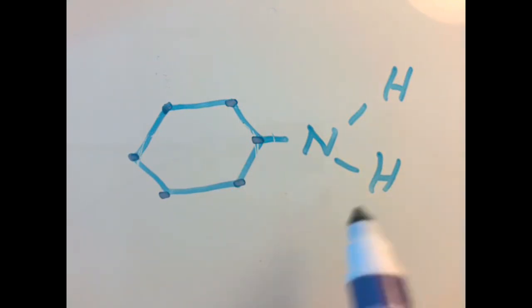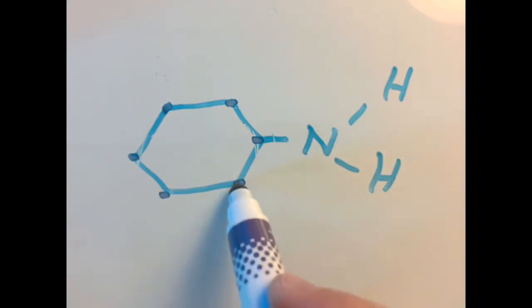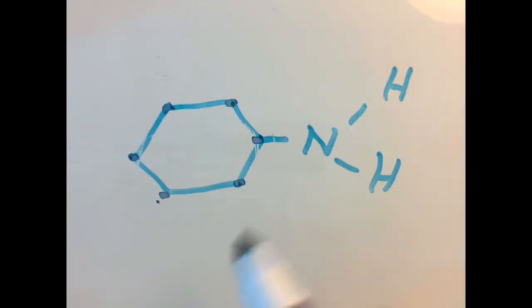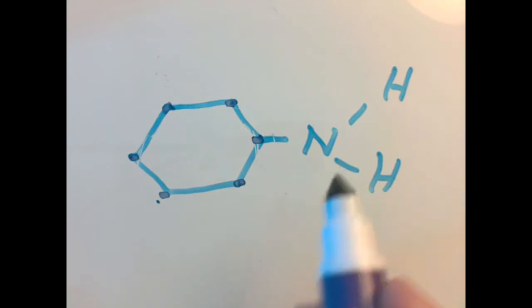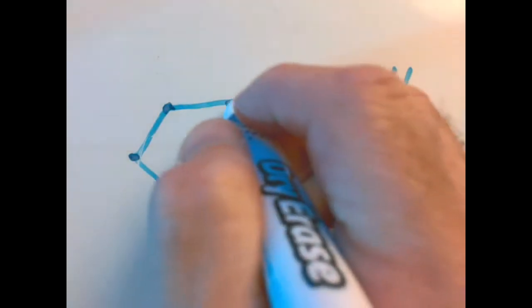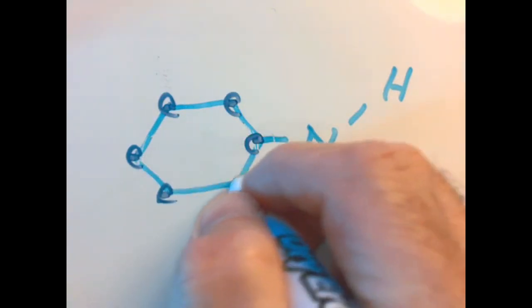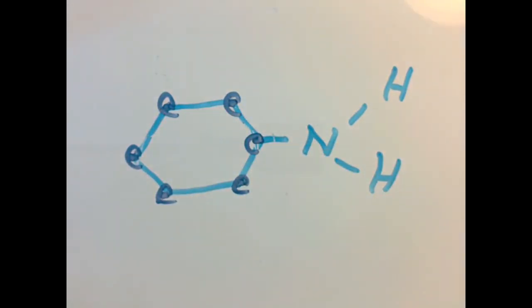But it's implied. If I know how to interpret this structure, I know there's a carbon atom here, here, here, here, here, and here. Just for purposes of this explanation, I'm going to write the letter C in there, even though I wouldn't actually do that. It would defeat the whole purpose. It's going to make it really messy. But for this illustration, I'm going to write the letter C in there to represent those carbon atoms.